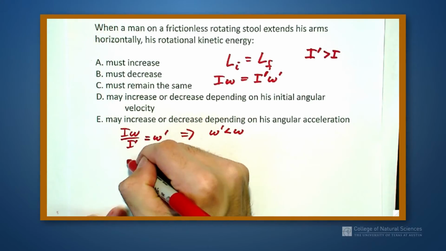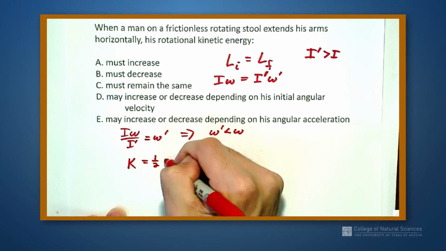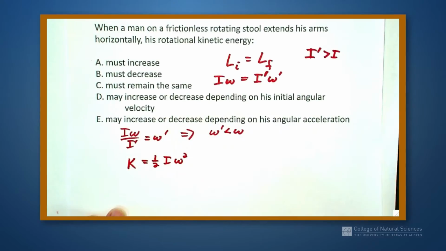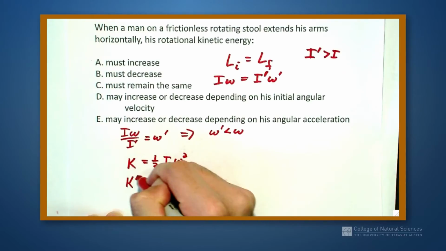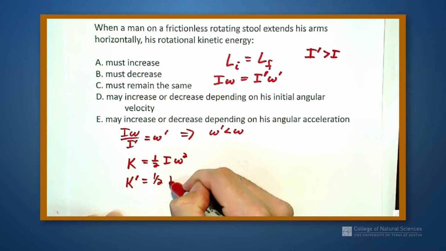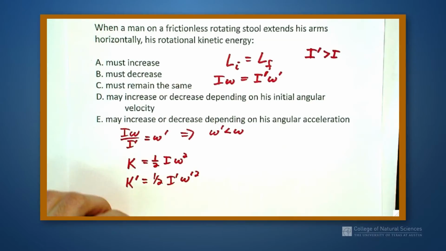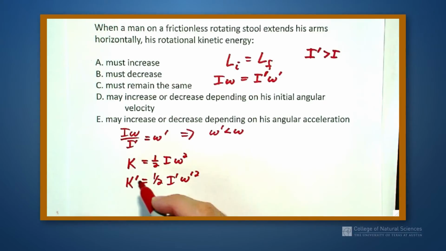My original kinetic energy is 1/2 I omega squared. My final kinetic energy, I'm going to designate with a prime again, is going to be 1/2 I prime omega prime squared. So now I'm going to start substituting in some values and see if I can get something that I can compare to K original.